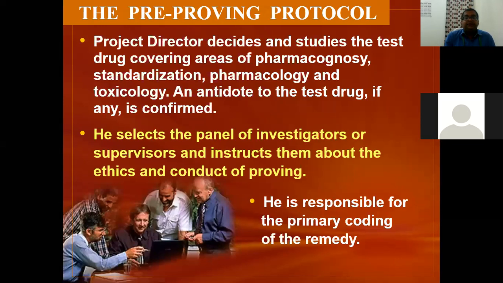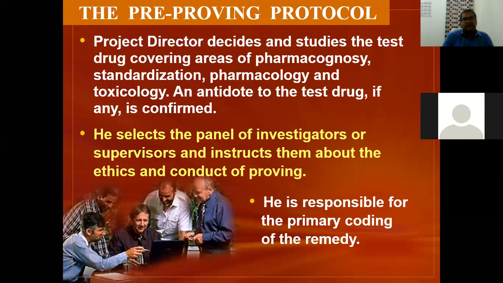Then the pre-proving protocols. What are the pre-proving protocols? The project director decides and studies the test drug, covering areas of pharmacognosy, standardization, pharmacology and toxicology, and antidote to the test drug if any, if confirmed. So many preparations are taken.